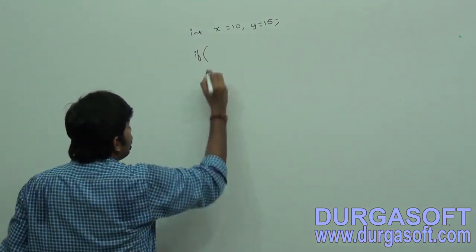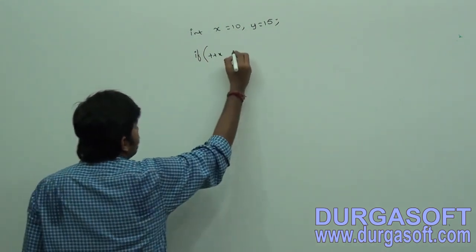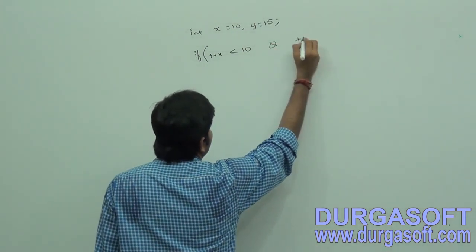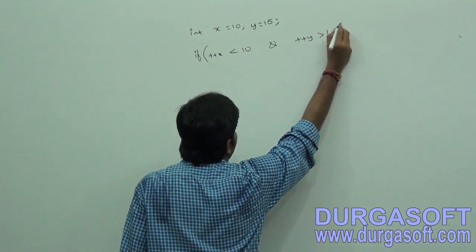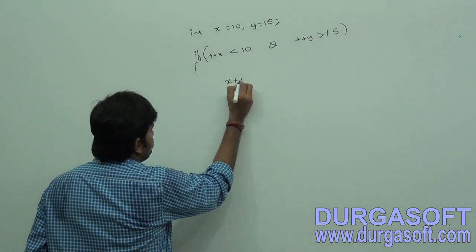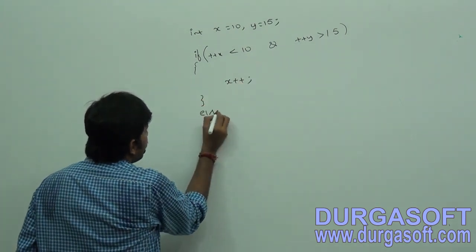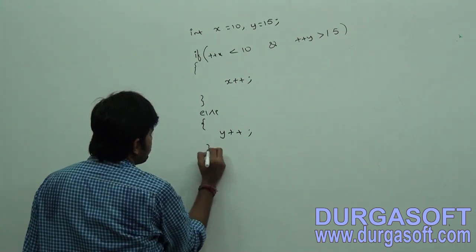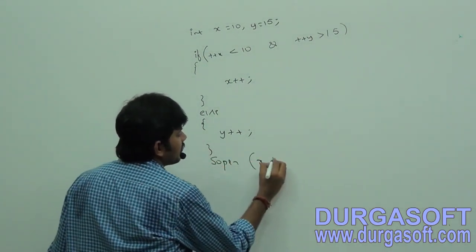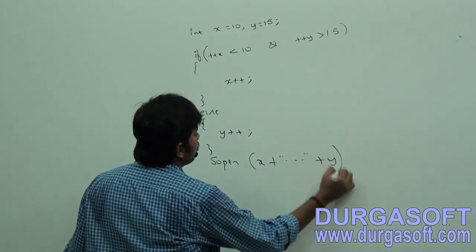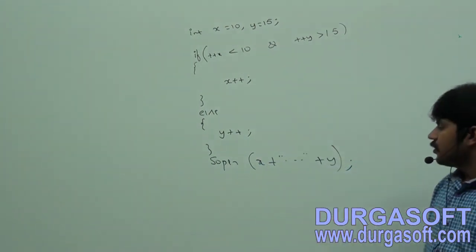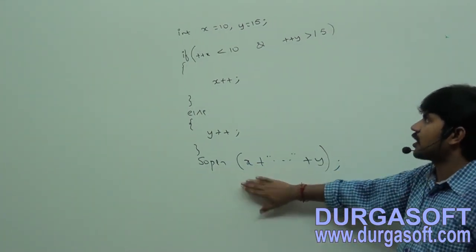If ++x < 10 and ++y > 15, then x++, else y++. Then System.out.println(x, y). Can you tell me what output I will get?